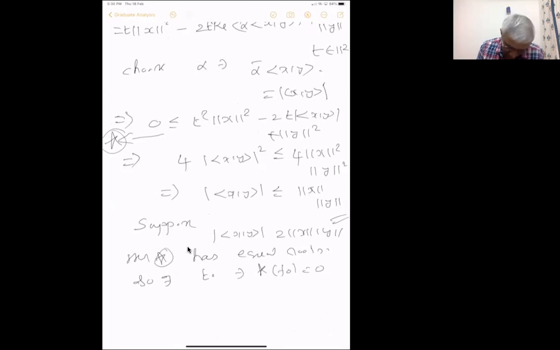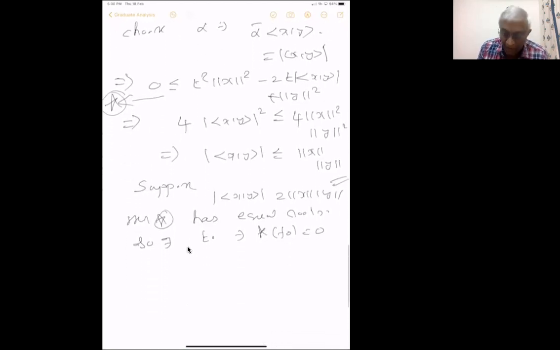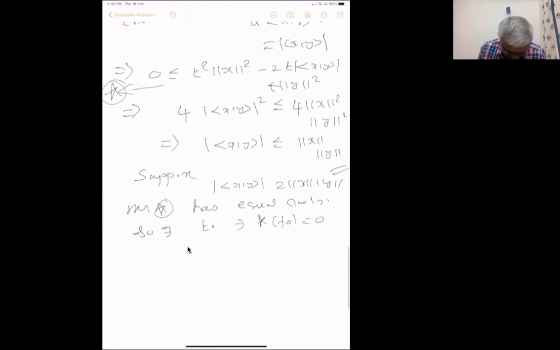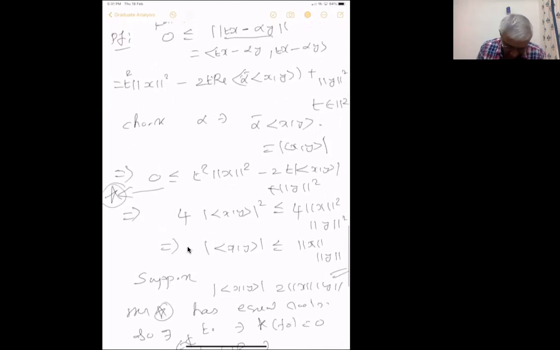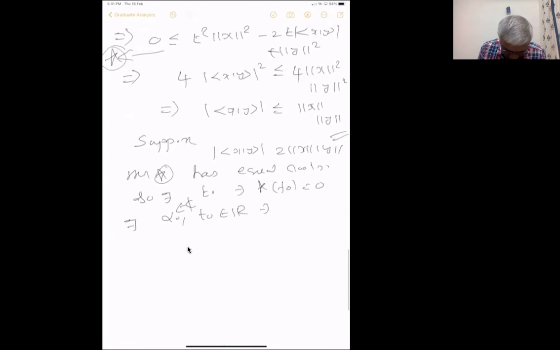So that just implies, and alpha is also, you have chosen alpha also. So there exists alpha naught in C, t naught in real numbers, such that the original thing is 0. That is, norm of t naught x minus alpha naught y equals 0. This implies x equal to alpha naught y. This implies they are linearly dependent.